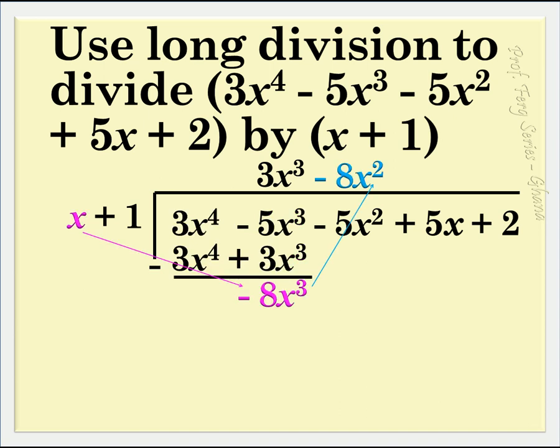Divide minus 8x^3 by x, to get the second term of the quotient, which is minus 8x^2. So, write down the minus 8x^2 at the top. Here, let us bring down the minus 5x^2.